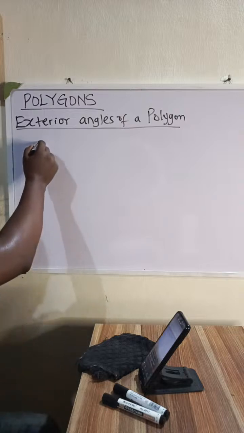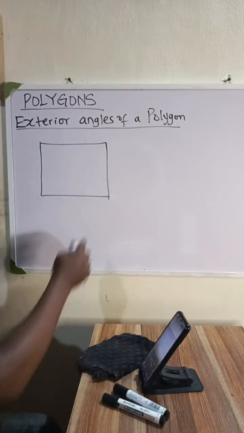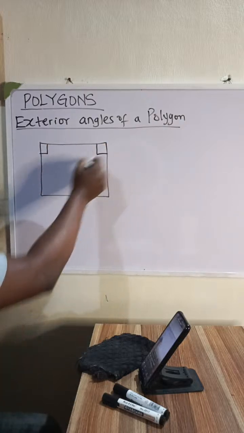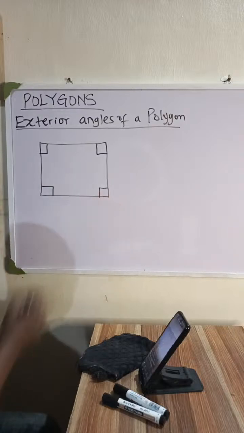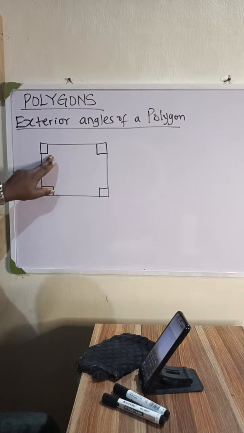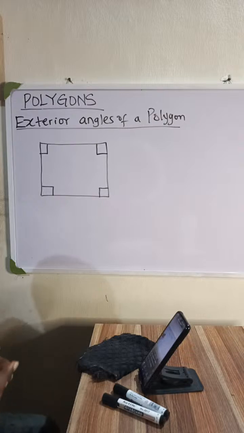For example, if we have a polygon in this form, this is a polygon because it has 4 sides, and we know that for an object to be called a polygon, it must have at least 3 sides.